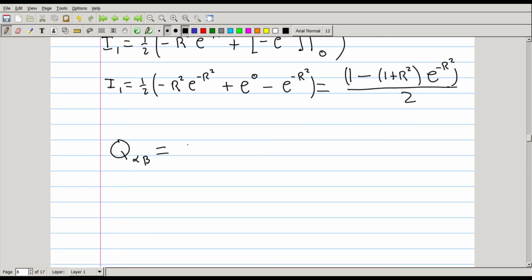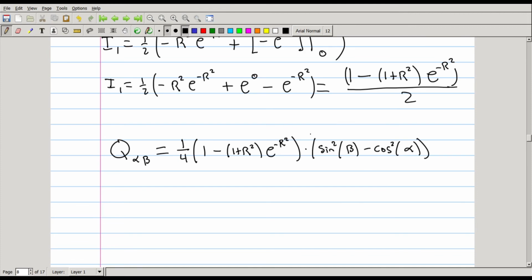So it'll be 1/4 times 1 minus 1 plus r squared e to the negative r squared times sine squared of beta minus cosine squared of alpha.